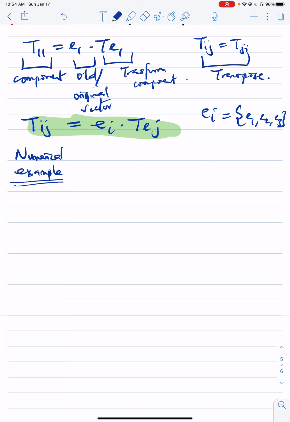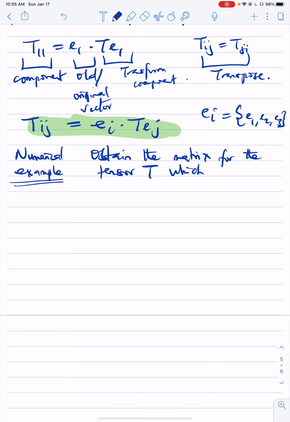We are required to obtain the matrix for the tensor T, which transforms the base vectors as follows.